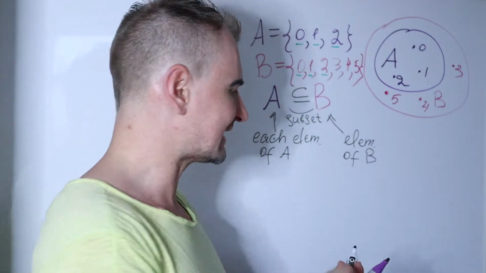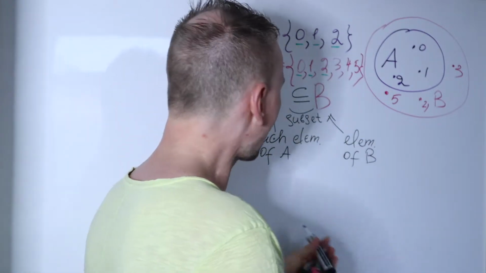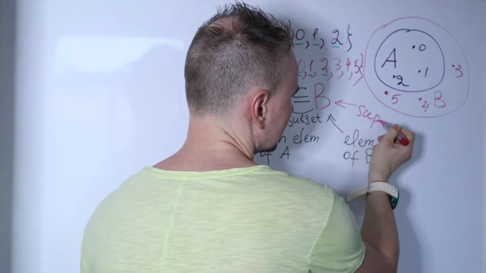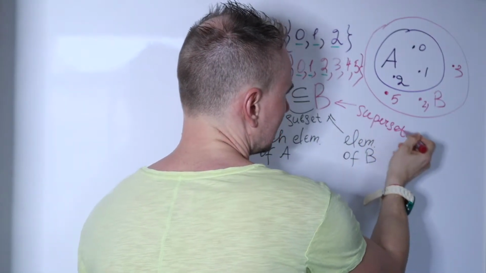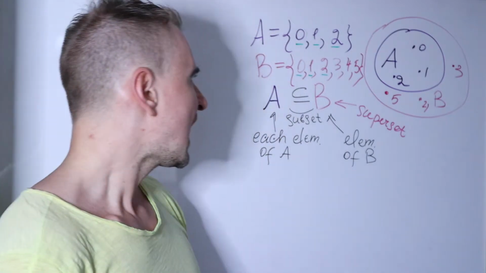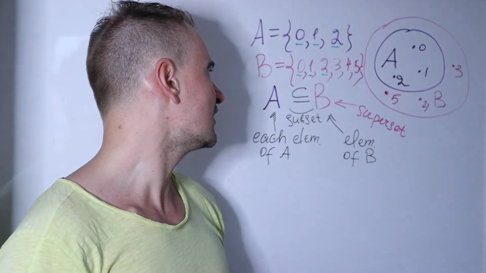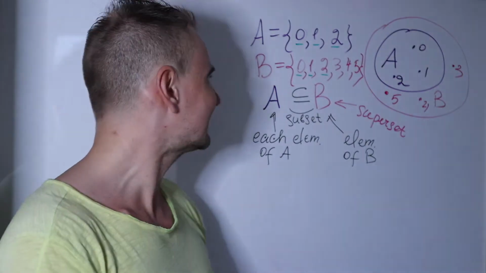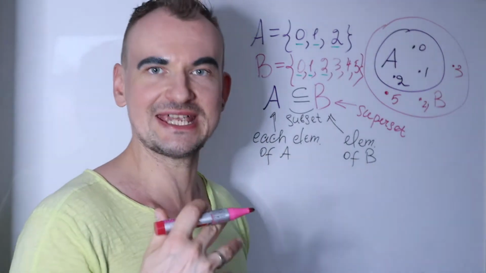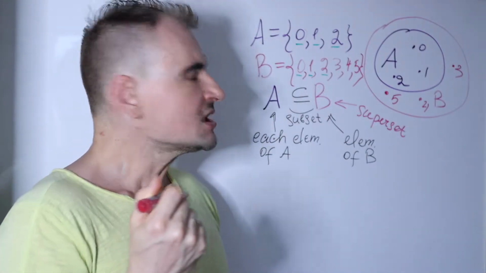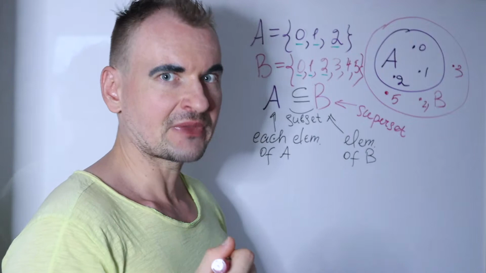With this regard, set B is called a superset of set A. It also says that B contains A, or set B includes A.